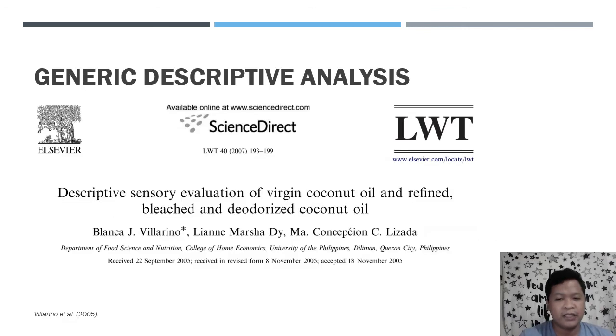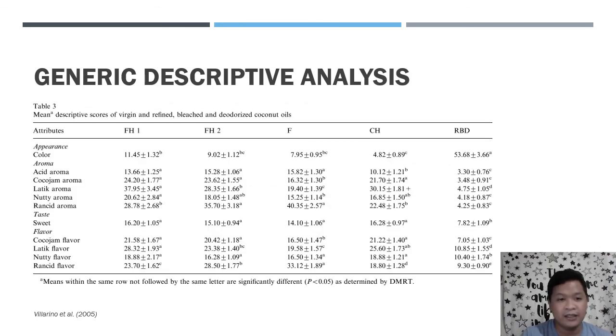Again, this is another example from Dr. Villarino and Dr. Lizada, where they first describe VCO and RBD coconut oil using descriptive analysis. And of course, ito yung lalabasan. So you have your samples here. So this is reduced bleached deodorized coconut oil, and these are the other samples.